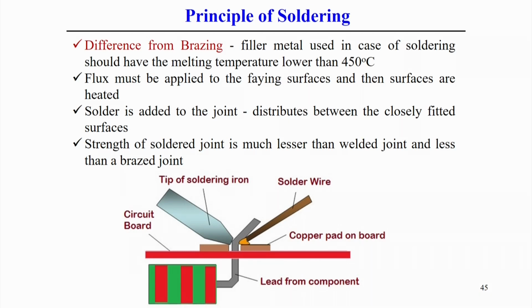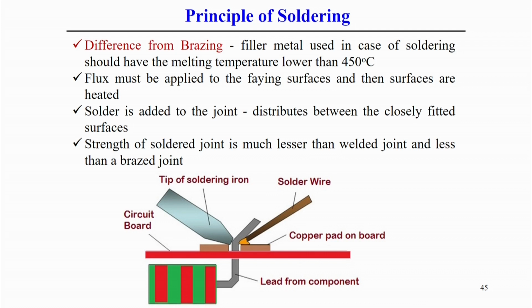brazing techniques. Flux is normally applied to the faying surface and then the surfaces are heated. So, solder is added to the joint and then distributes between the closely fitted surfaces. In a similar principle, the solder material is distributed through the surface, and with the application of heat the filler material melts and wets the solid surfaces.